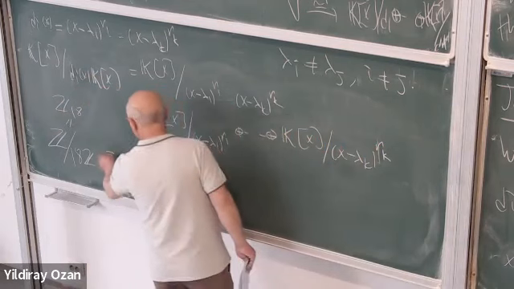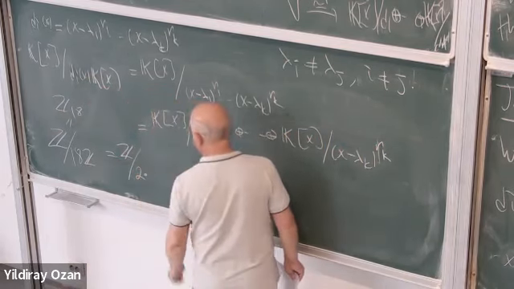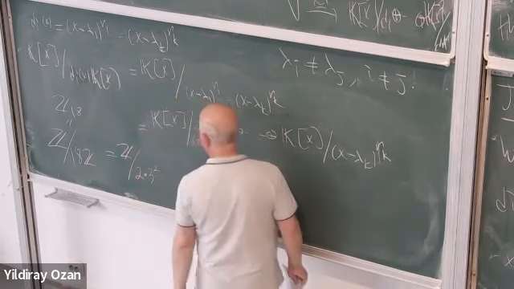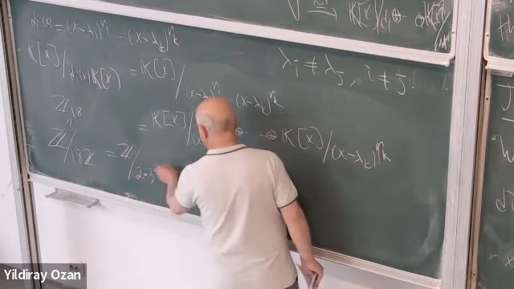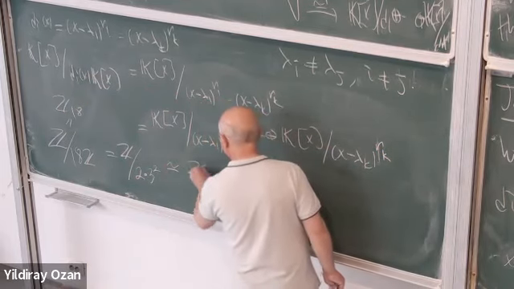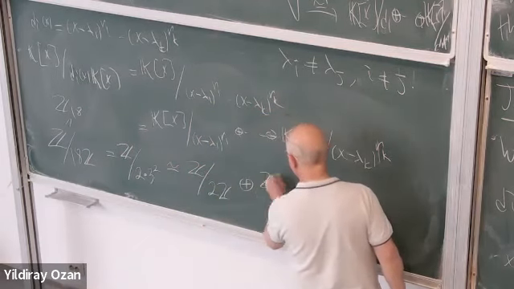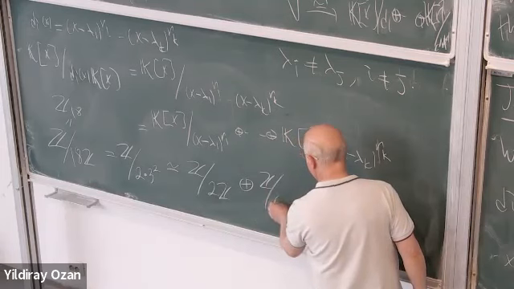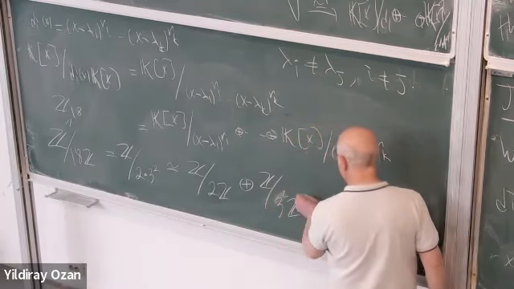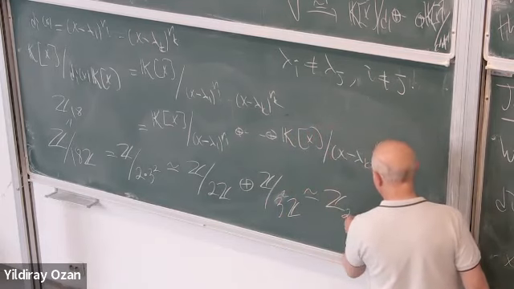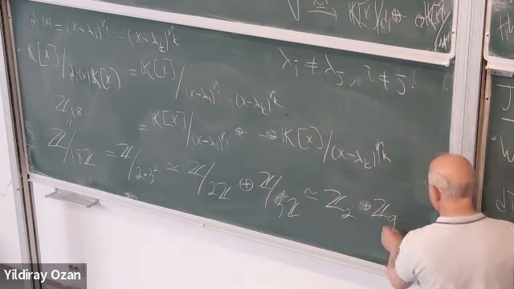But 18 is just 2 times 9, and this is isomorphic to Z divided by 2Z, direct sum Z divided by 9Z, or 3 squared Z. So this is isomorphic to Z2 direct sum Z9.